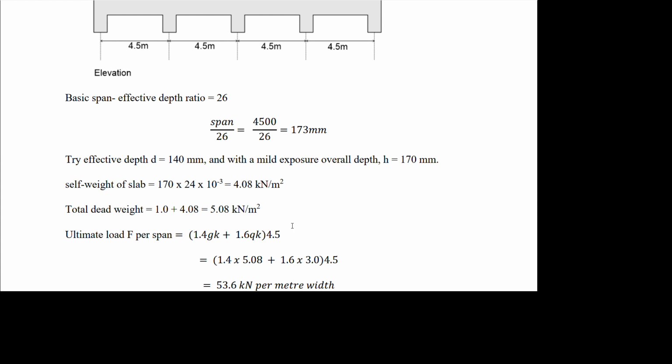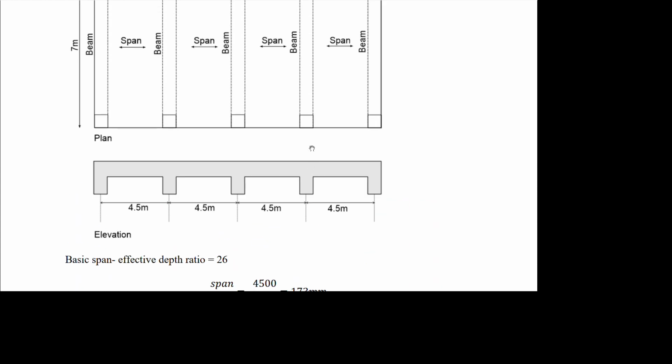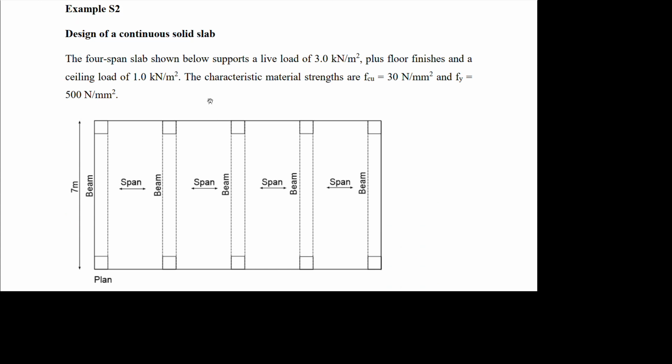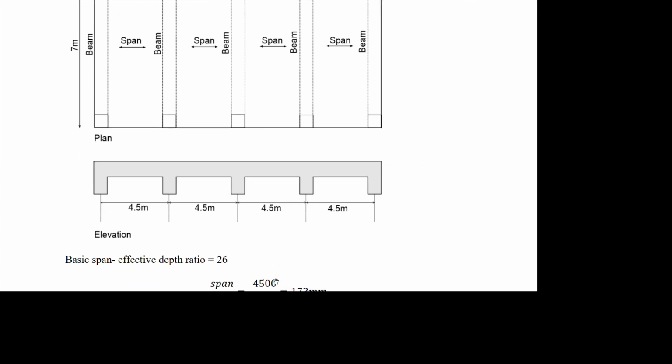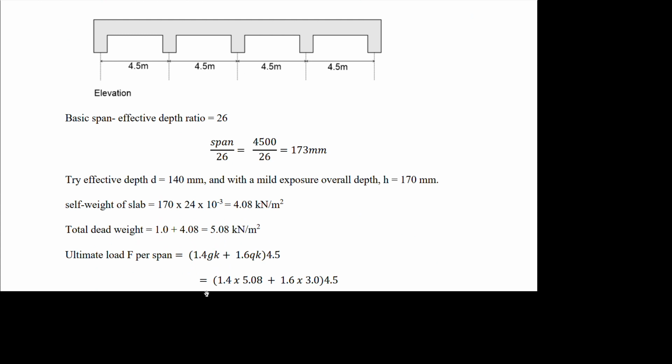This 170 is this depth here, and this 24 is the self weight of concrete. Now, if you can recall the other time, I told you there's an added dead load of this 1 kilonewton per meter square. So that is what we have here, 1.0 plus this 4.08 to give us total dead weight of 5.08.